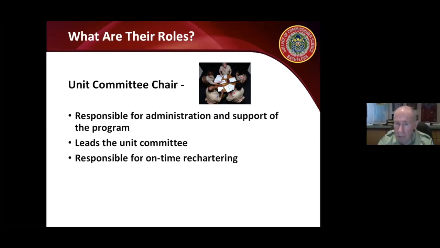We need to verify their address and contact information, and if it has changed, it gets reposted. We need to follow up on who needs training, particularly youth protection training. All these things are done in the background early, allowing time for people who are busy to get to it, but follow-up is needed to make sure they do.